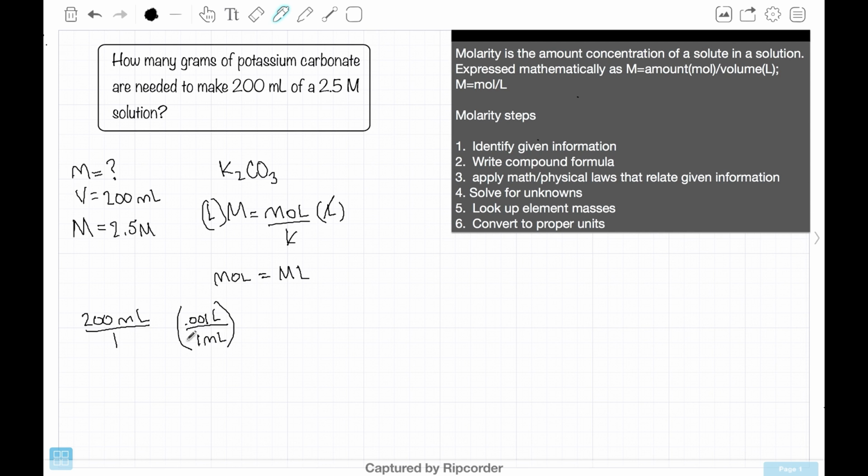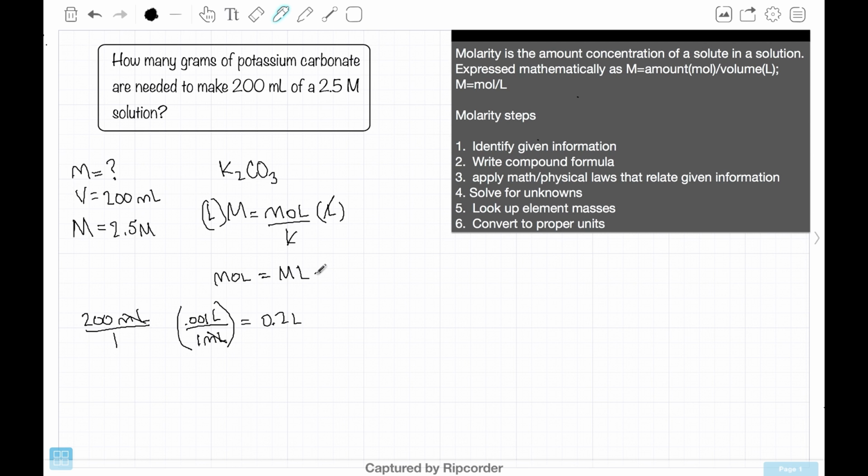After you do the multiplication, you'll see that milliliters cancel. You're left with liters, and that equals 0.2 liters.